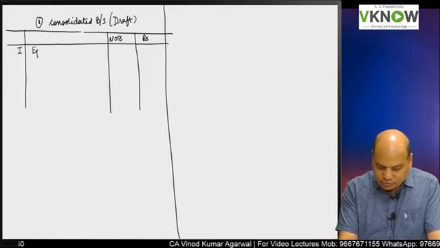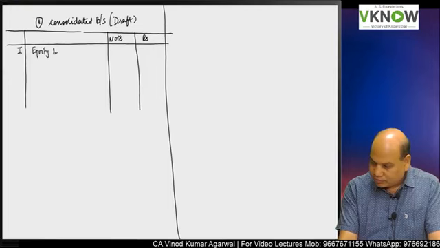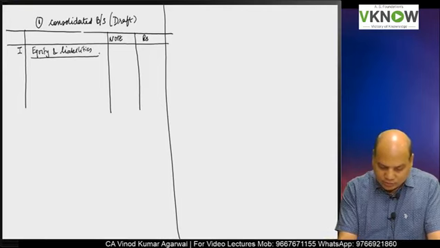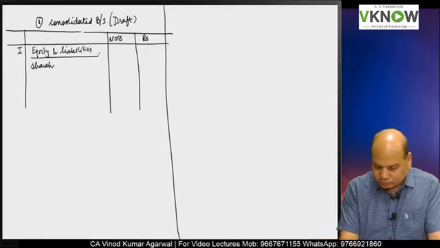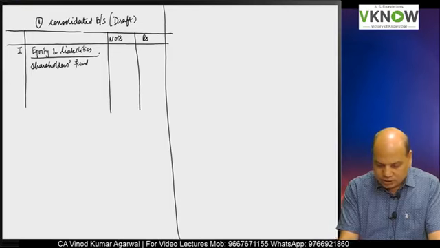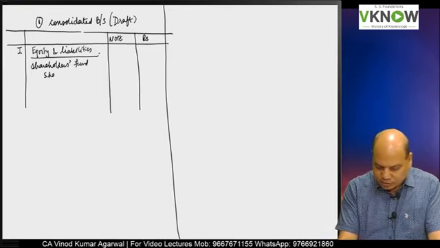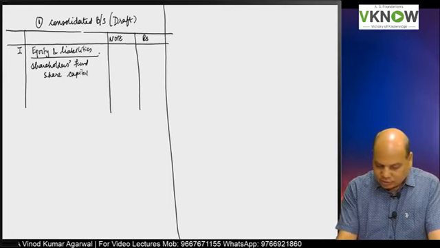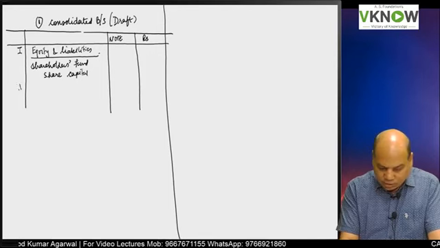Serial number 1, and I am going to explain equity and liabilities. Under equity and liabilities, write down shareholders funds, and under that share capital. This we will write later, the amount I will put later.